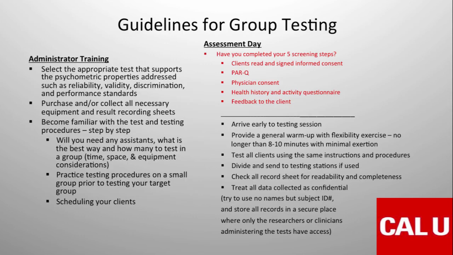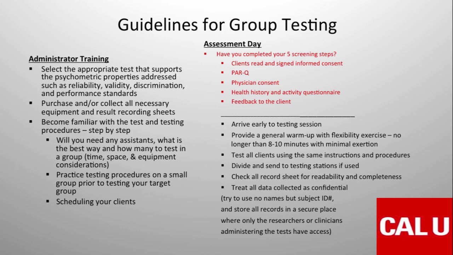There are many guidelines for group testing. First, we must look at administering the training for the experimenters. We need to select first the appropriate test that supports the psychometric properties addressed, such as reliability, validity, discrimination, and performance standards. And then we need to purchase and collect all necessary equipment and result recording sheets.